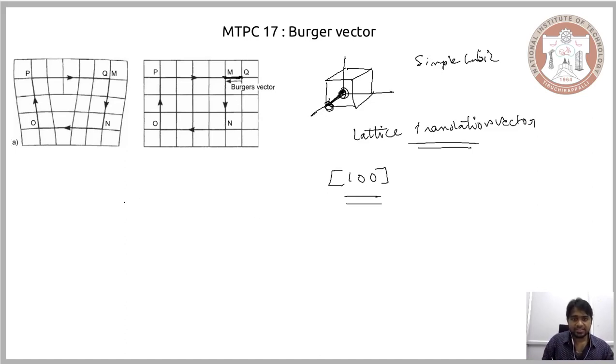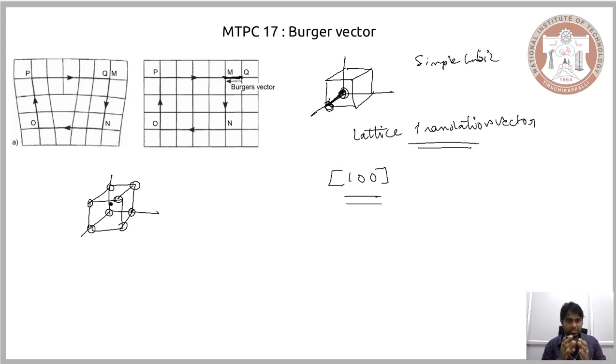Now let us consider a body-centered crystal structure. In this case, in addition to the atoms at the corners, you would have an atom at the center of the unit cell.